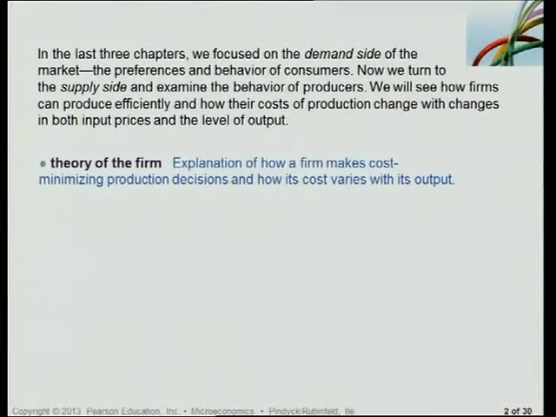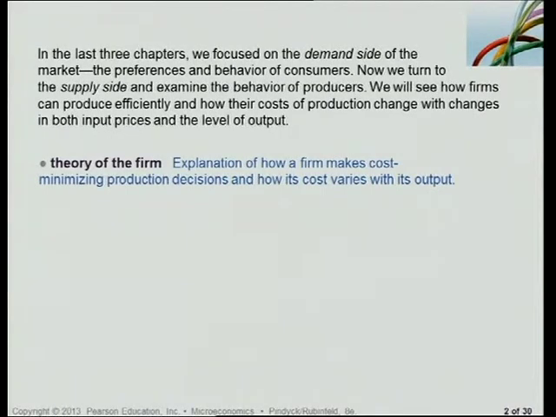Some new things that we will deal with are, for example, isoquants and isocost lines in the following two chapters. In the previous chapters we focused on the demand side of the economy and how consumers behave. Now we're looking at how producers behave, how they will produce efficiently, and how their cost of production will change as the prices of inputs change and the level of output changes.